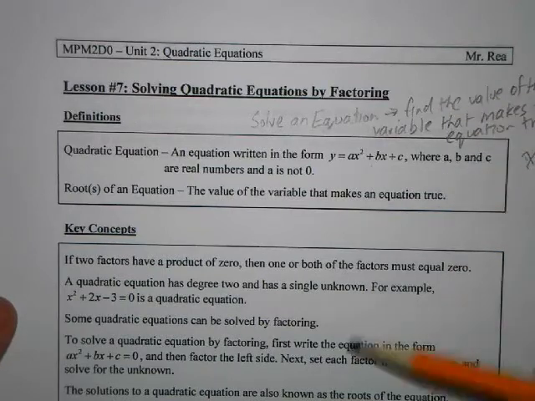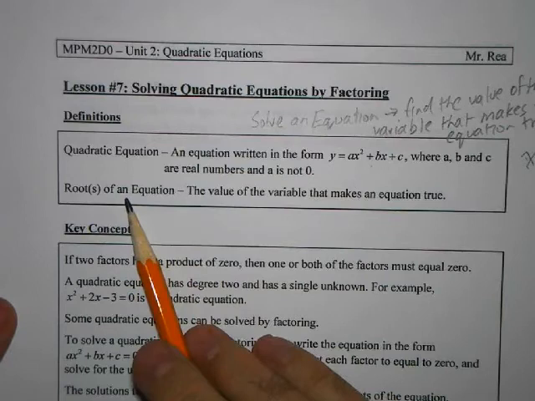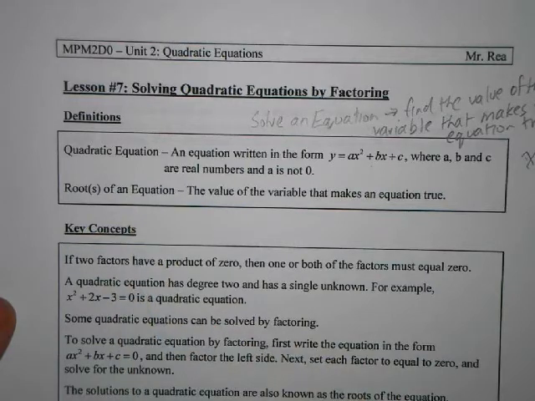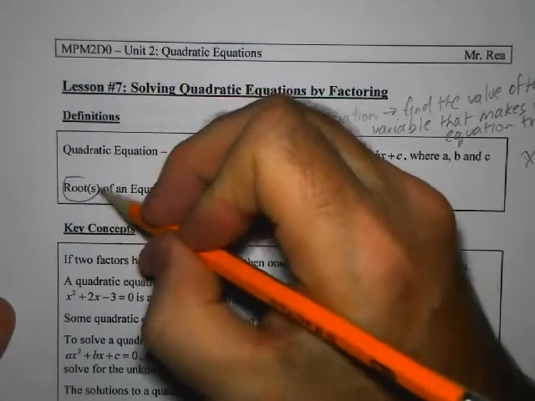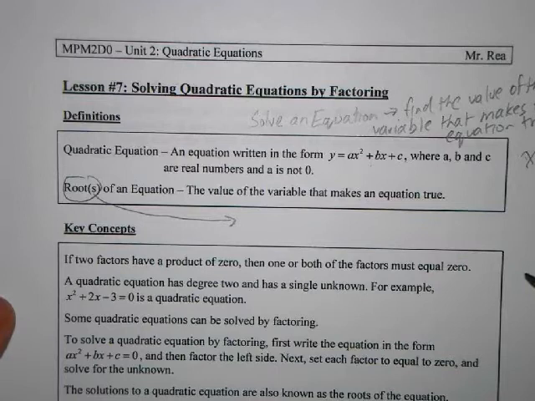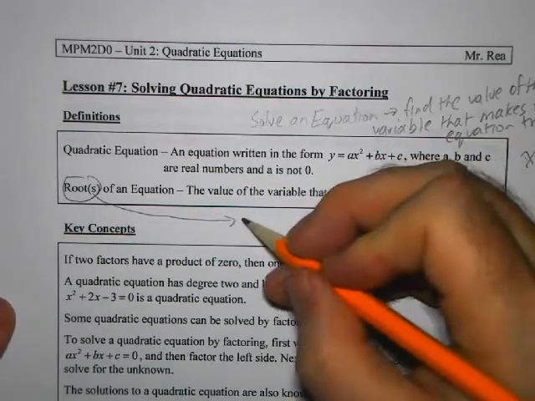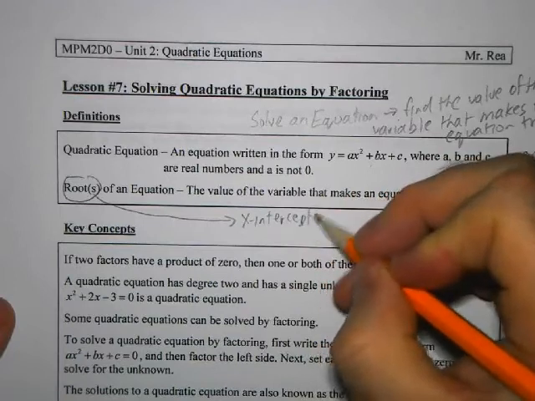Okay. Now another definition here that you might see in the textbook for homework questions, or maybe on a video on the internet. The roots of an equation. Well, the term roots, for us in grade 10, basically means the same thing as x-intercepts, and we also call them zeros.